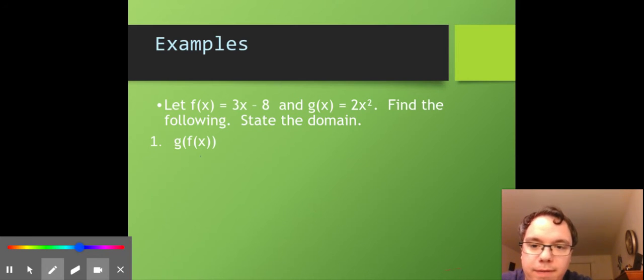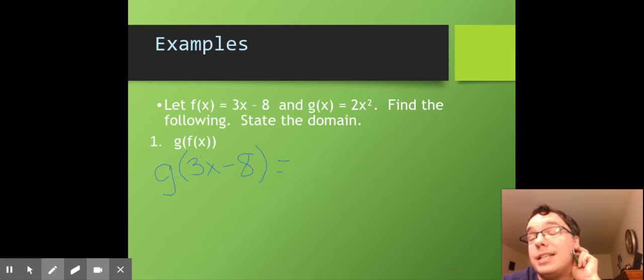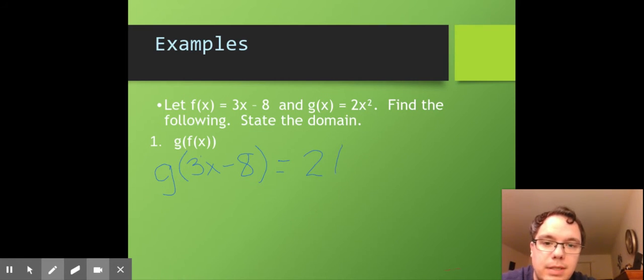So to find g of f of x, we're going to take g of f of x, and f of x is 3x minus 8. So that means anytime we see an x in the g function, we're going to change it to 3x minus 8. So we are going to take 2 times 3x minus 8 squared.